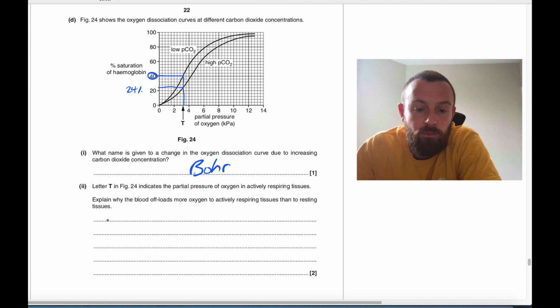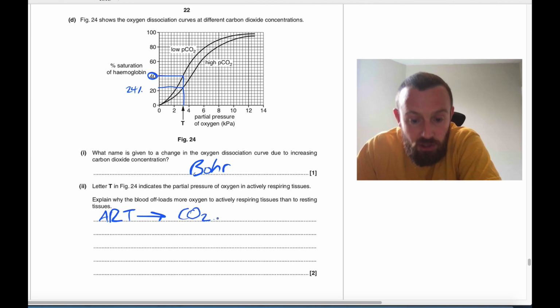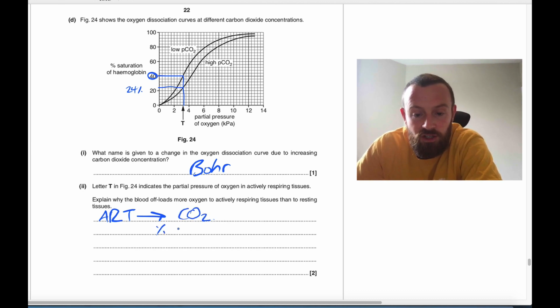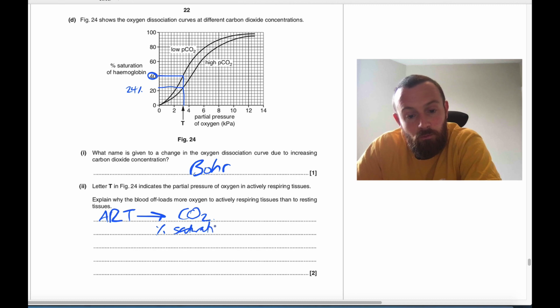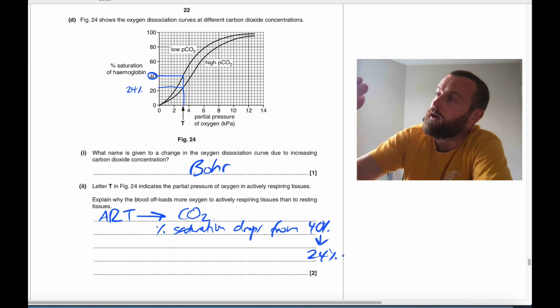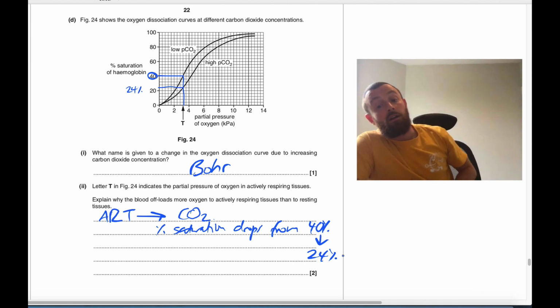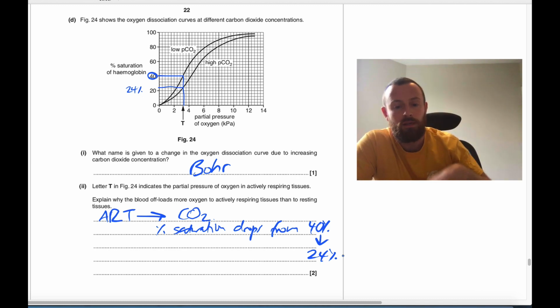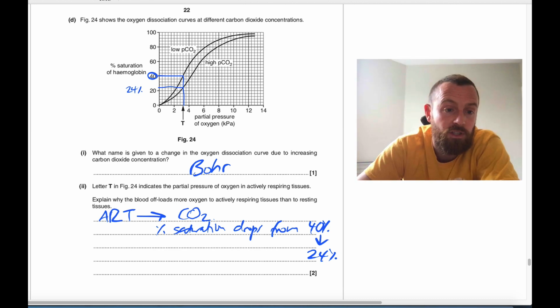So actively respiring tissues, I'm writing shorthand, are going to produce CO2. Percentage saturation drops from 40% saturation to 24% saturation, unloading an extra 16% of that bound hemoglobin to the tissues.